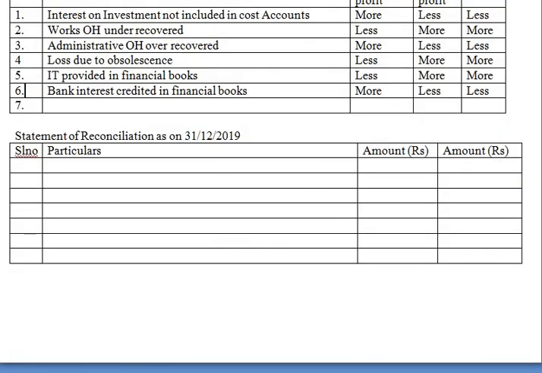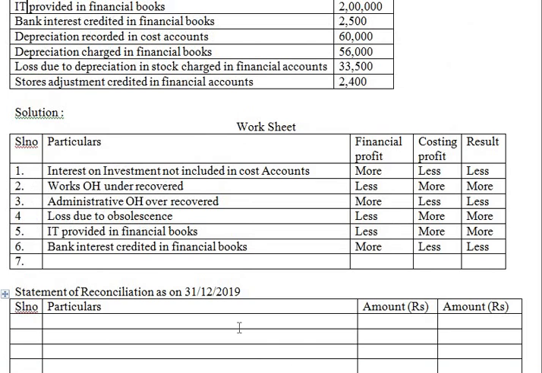Now, seventh point. Just check here. Depreciation recorded in cost accounts is 60,000. Depreciation charged in financial books is 56,000. It means in the financial books they have recorded less when compared to the cost accounts, right?